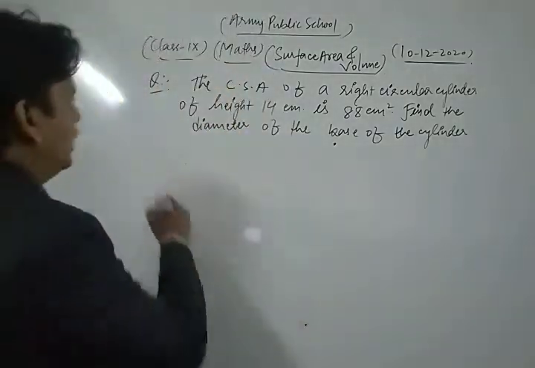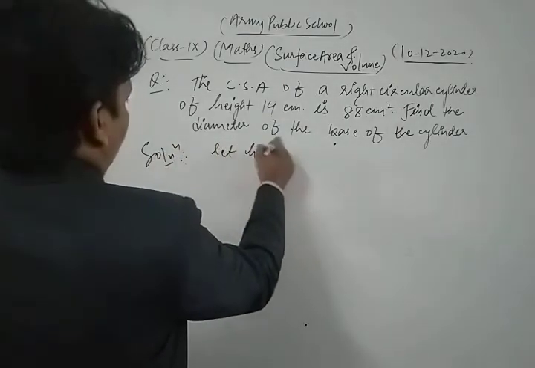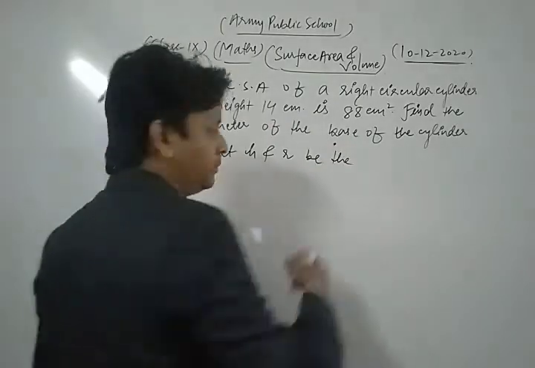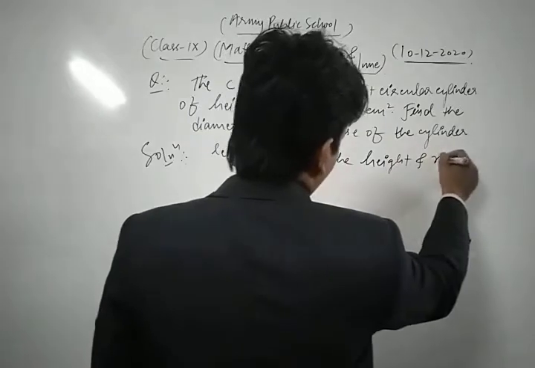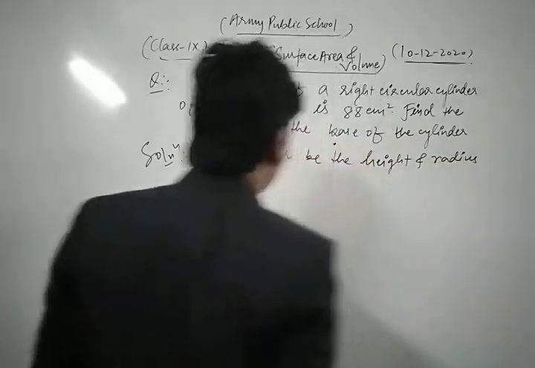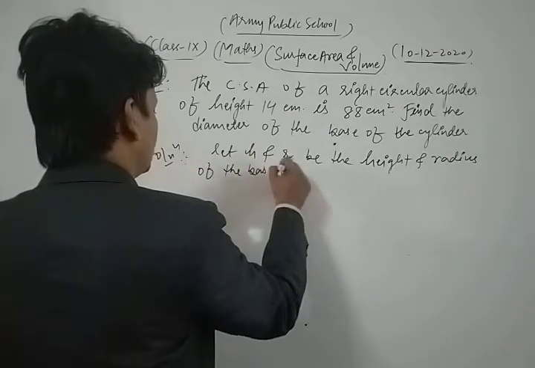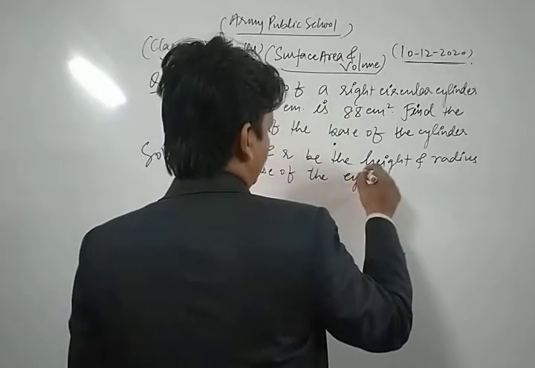So let's see. First of all, dear friends, let h and r be the height and radius of the base of the cylinder.